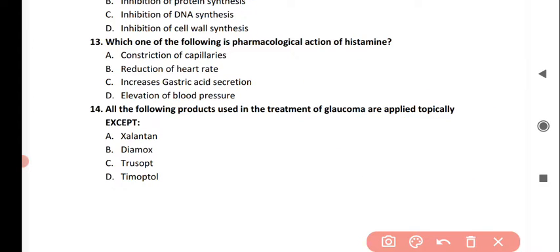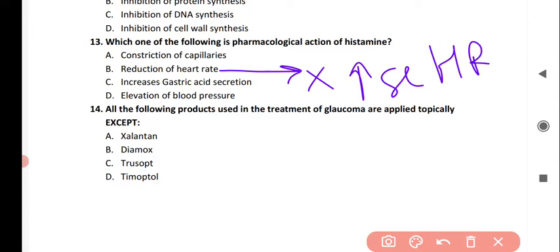Then reduction of heart rate. This statement is also wrong. Histamine does not reduce heart rate, rather it increases the heart rate. And then increases gastric acid secretion. This is the correct statement, that histamine increases the gastric acid secretion.